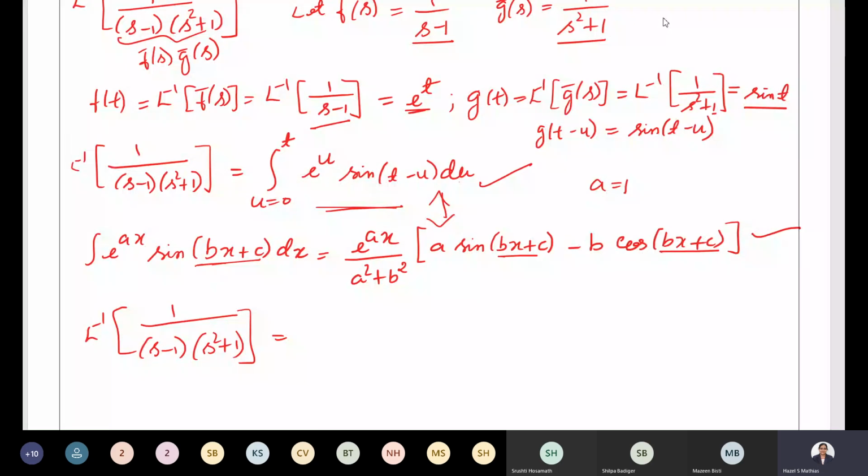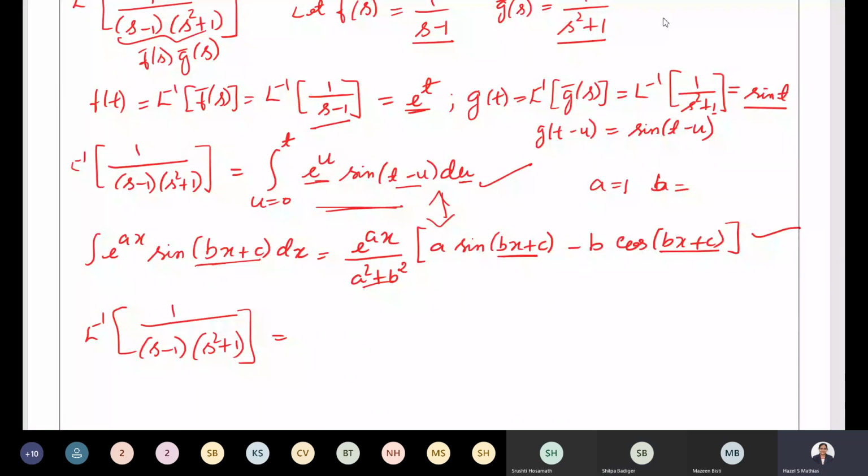What is the value of b here? Compare these two and tell me what is the value of b. We are interested only in a and b. See, this is e power ax.